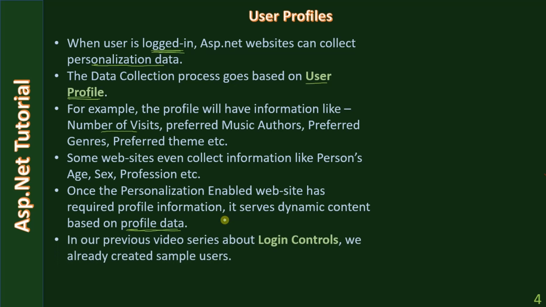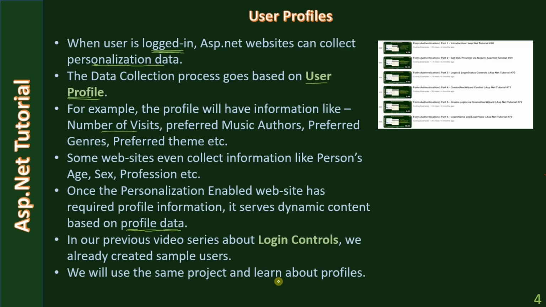In our previous web series about login controls, we already created some sample users. Now let's examine that by launching the previously generated web application sample. We will use the same project and learn about the profile, and now let's go to the demo.